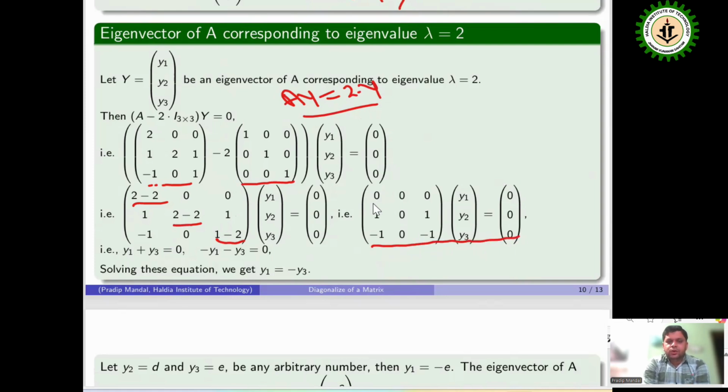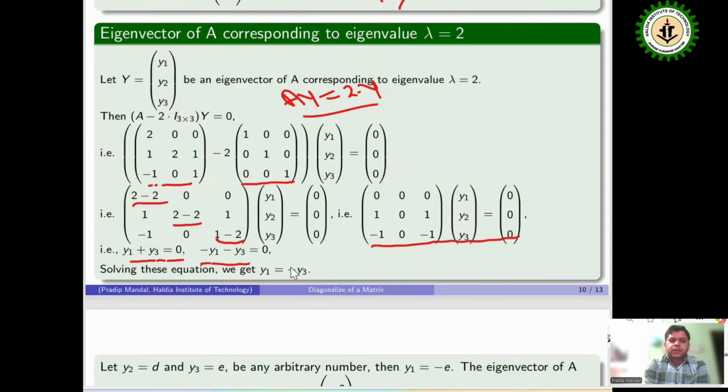Now again, in the first row all elements are 0, that means no equation. Second row: y1 plus 0 times y2 plus 1 times y3, that means y1 plus y3 equals 0. And last row: minus y1 minus y3 equals 0. Now if you solve this equation, we get y1 equals minus y3.